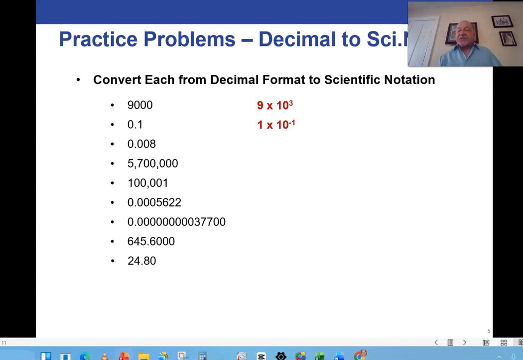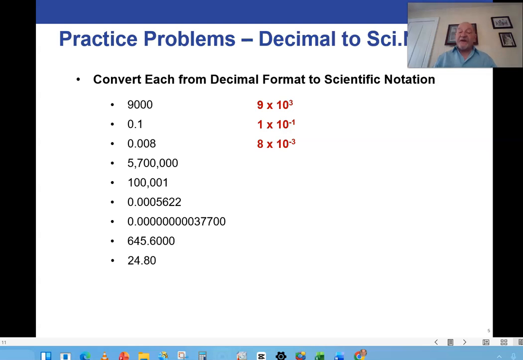It's really in the tenths position, but we're just going to call it -1 position. So it'd be 1 times 10 to the -1. Looking at the next number, 0.008. Well, that 8 is in the quote-unquote -3 position, so it's 8 times 10 to the -3. Or we could move the decimal point 3 times, making it larger, but we'd have to correct it by multiplying it by a number to make it smaller again, 10 to the -3.